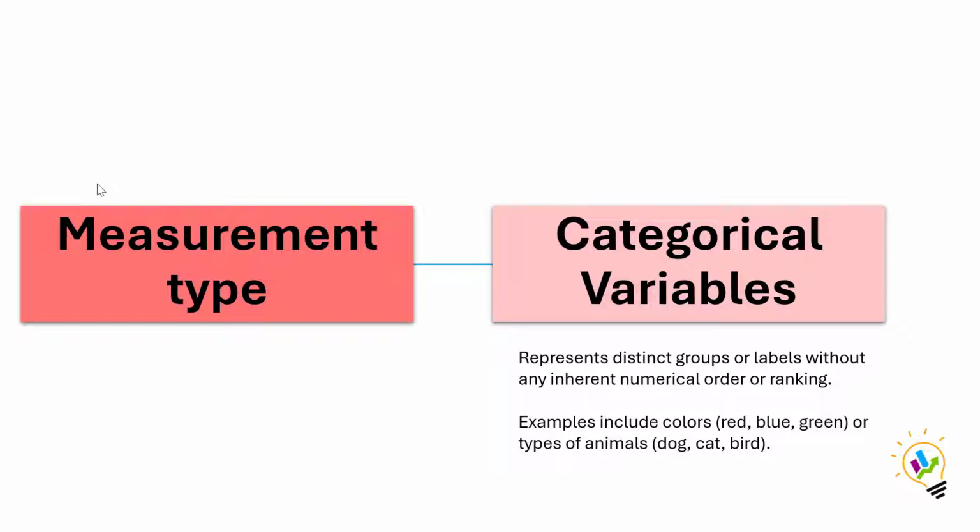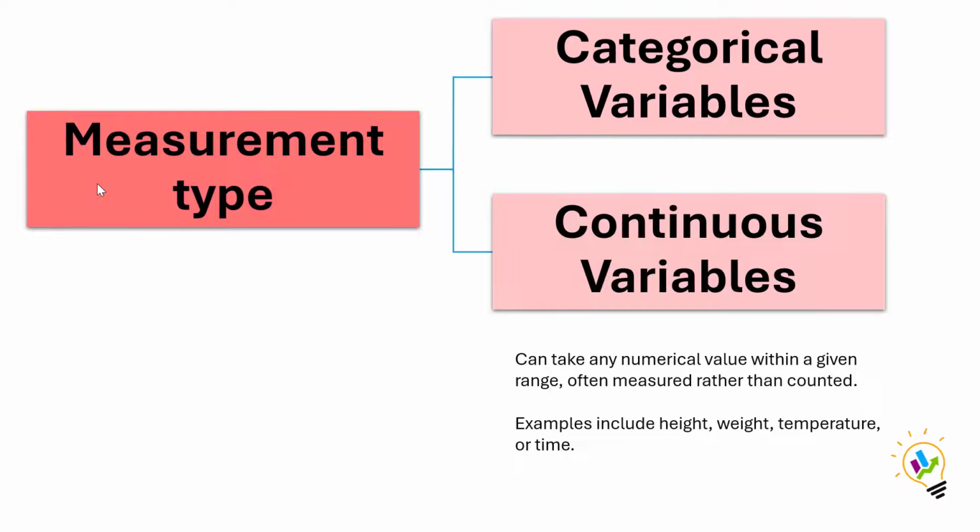There are three types of measurement. The first one is the categorical variable, like gender: male and female. We can also have colors, or types of animals. These are called categorical variables, also called nominal variables. The second one is continuous variables, like examination marks, height, weight, temperature.